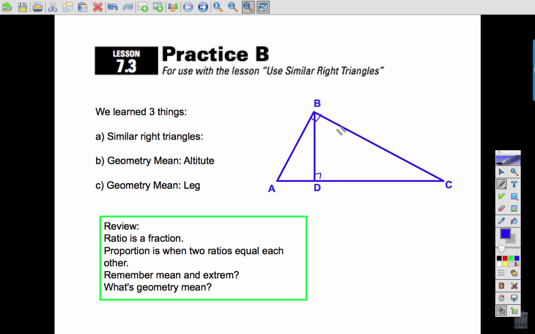We've learned that when we have a big right triangle ABC and I draw an altitude, I split that big triangle into two additional smaller triangles, and they're all similar. So we're going to review that. We also learned about altitude being the geometric mean, or one of the legs being the geometric mean. So I'm going to get into more details of that.